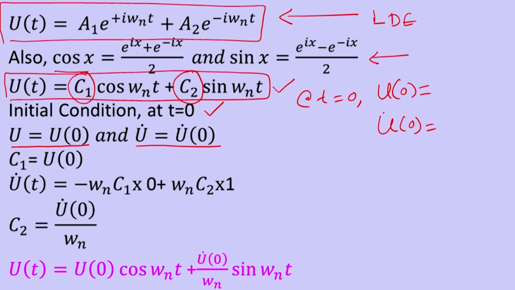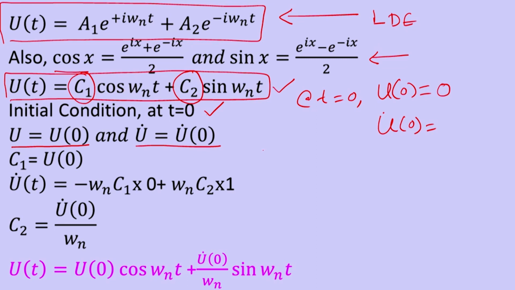It's something like this. Say u0 is the initial condition, that is displacement u at time t is equal to 0. If we substitute this, at time t is equal to 0 we have cos 0 and sin 0. Sin 0 is 0, cos 0 is 1.